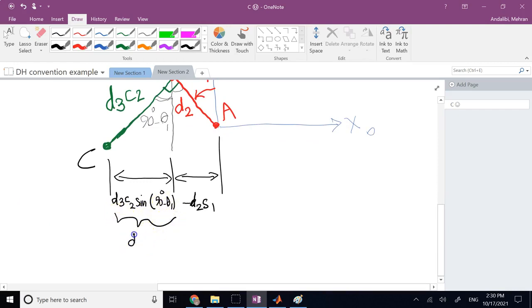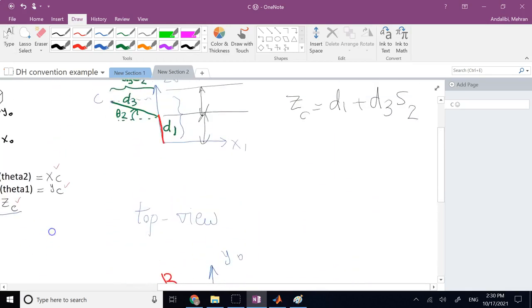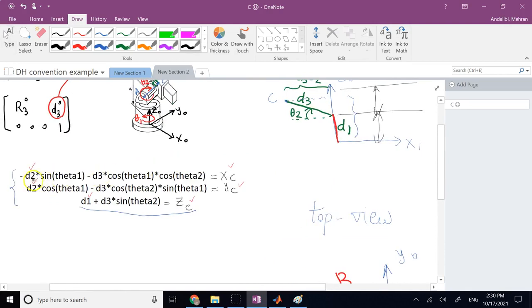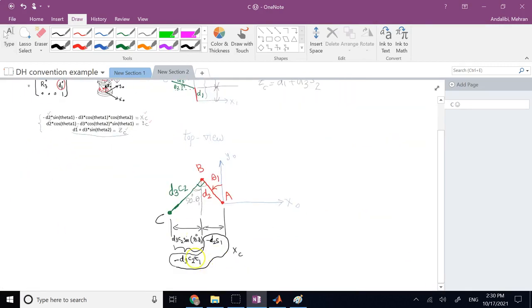So it is going to be d3 cosine theta 2 and then cosine of theta 1. And of course, that's also negative, right? So it's going to be negative this, negative that. That is equal to x of c. And I guess that's exactly this one here. Negative d2 sine theta 1, negative d3 cosine theta 1, cosine theta 2.